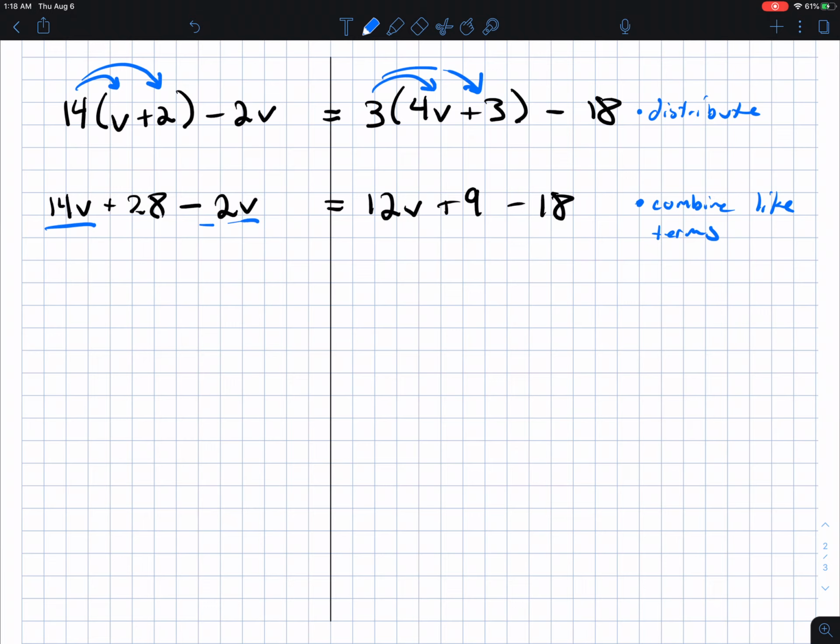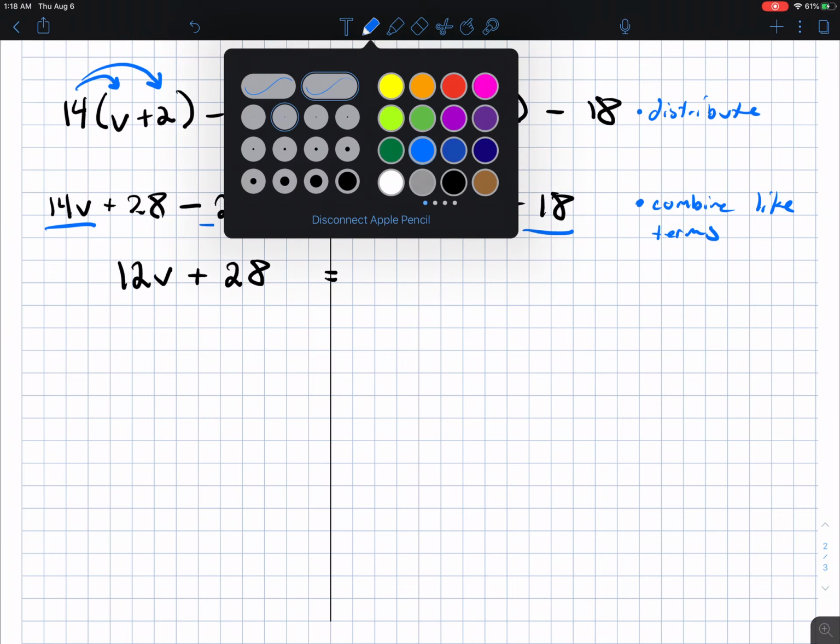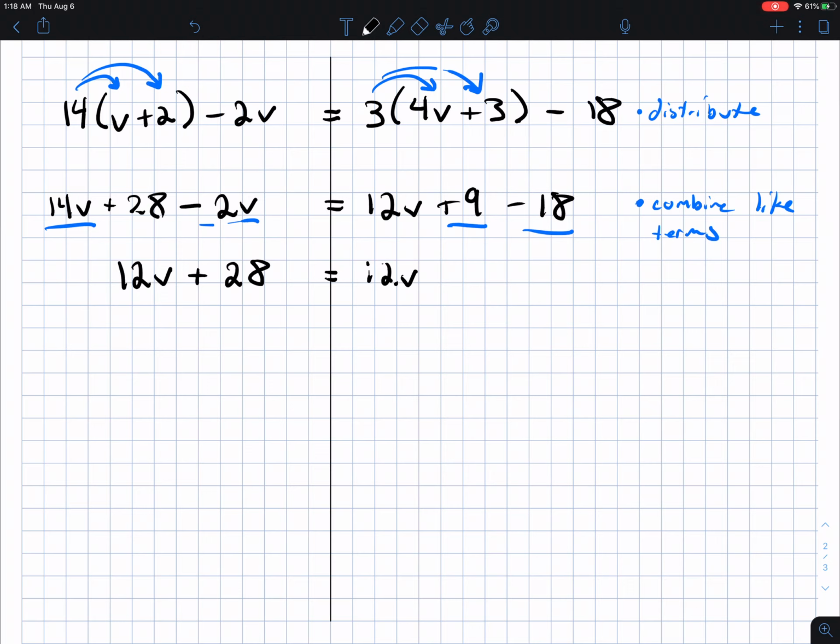So 14 minus 2 should give us 12v, and we have 12v plus 28. On the right-hand side, our like terms are this 9 and this 18. So the 12v just comes down, and 9 plus negative 18 is negative 9.